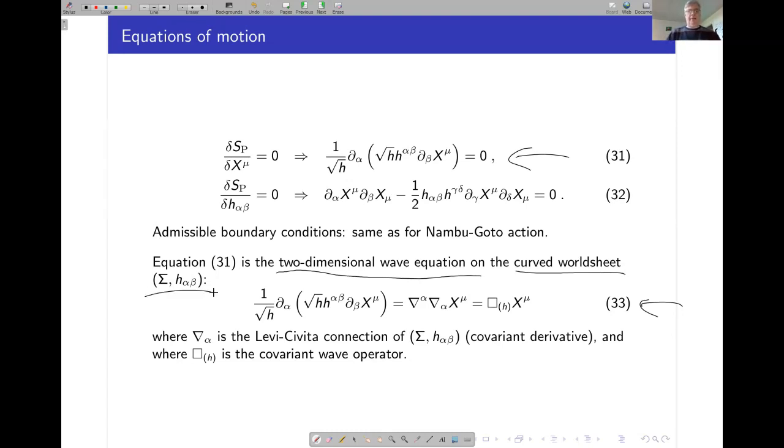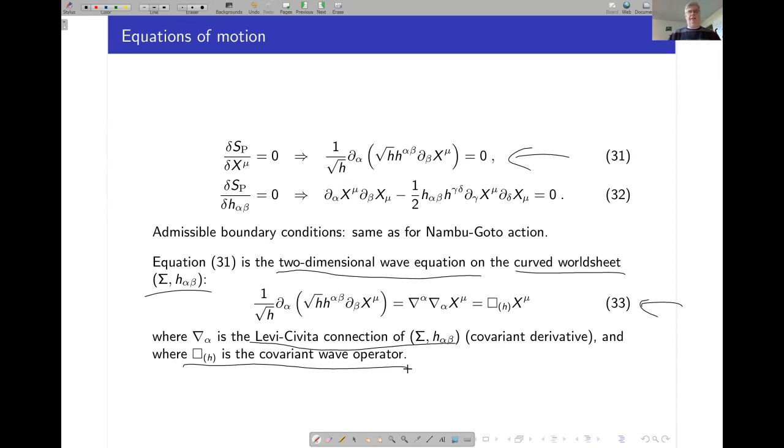You can rewrite it in a form which is covariant with respect to worldsheet coordinate transformations using covariant derivatives or the Levi-Civita connection with respect to the worldsheet metric h alpha beta. And then you recognize that everything combines to give you the generally covariant version of the wave operator. So again, a wave equation, but now with a curved metric.